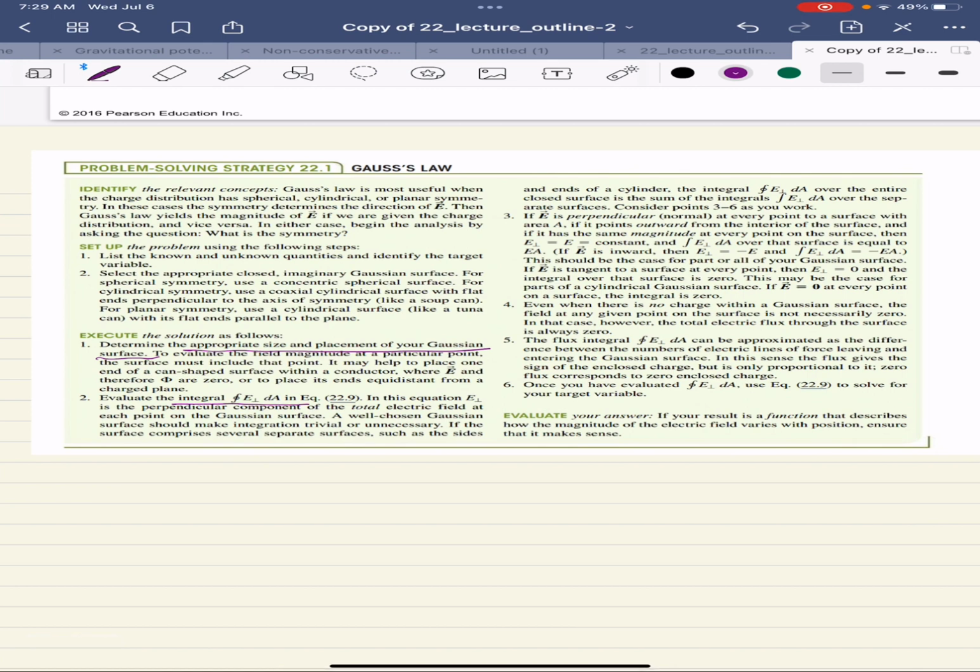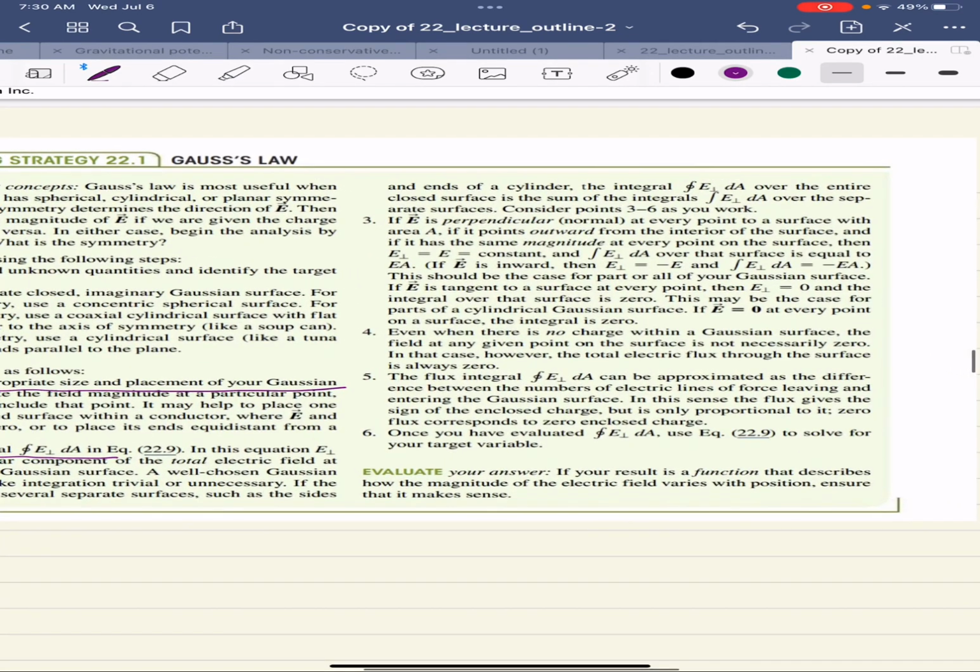And also we need to evaluate the integral, which is the E perpendicular times dA. In this equation, we have the electric field component that is perpendicular, and most of the time that integral is very easy to calculate, because you only need to replace it by dA.